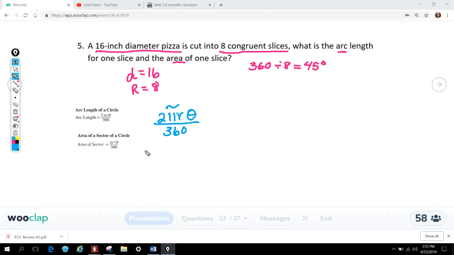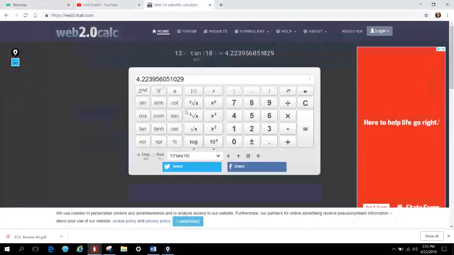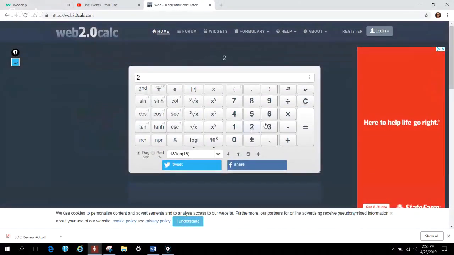I'm going to type in 2 times pi times my radius, which you told me was 8, not 16, times the angle measure, 45.